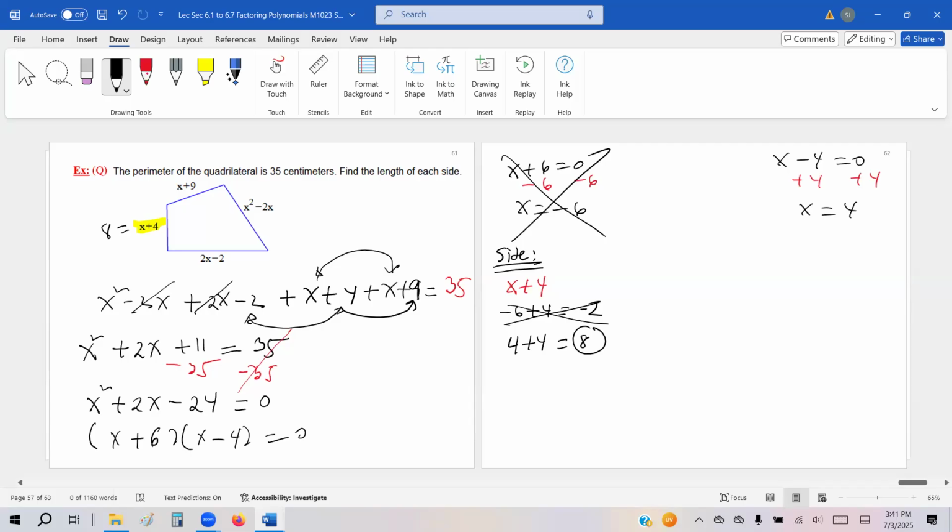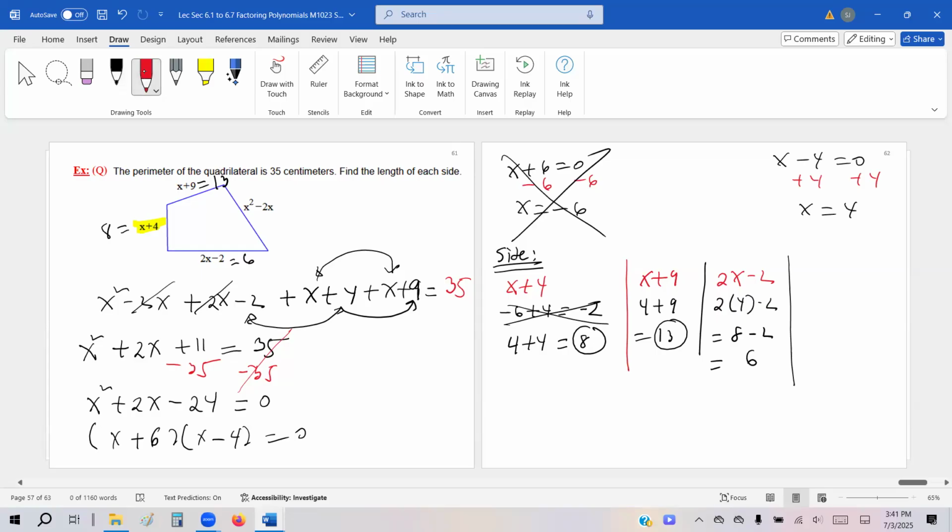Now let's see the next side, x plus 9. 4 plus 9 is 13. So this side is 13. Let's do the easier one next. We have 2x minus 2, which means 2 times 4 minus 2, which is 8 minus 2, 6.